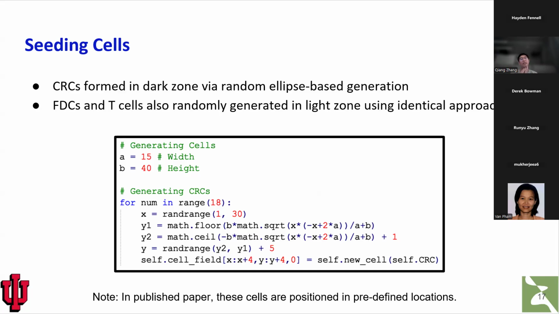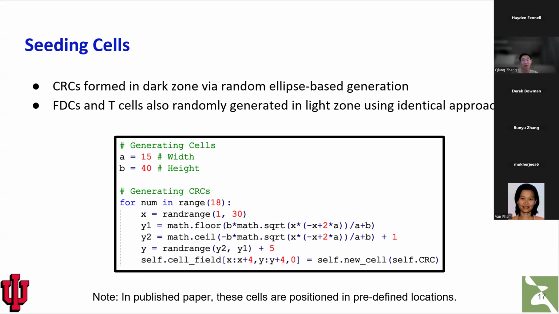And then the FDC and the T cells in the light zone are generated similarly. Essentially, we're just drawing random numbers and following the equations for the ellipse, and thus produce these randomly positioned CRC cells in the dark zone and the FDC and T cells in the light zone.